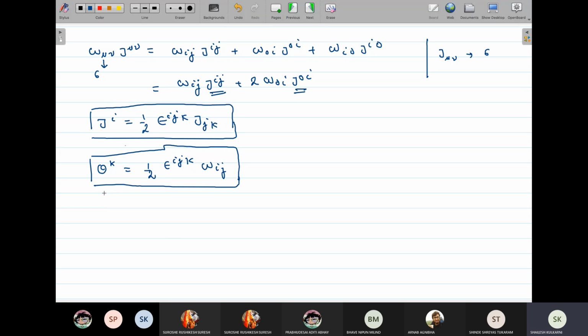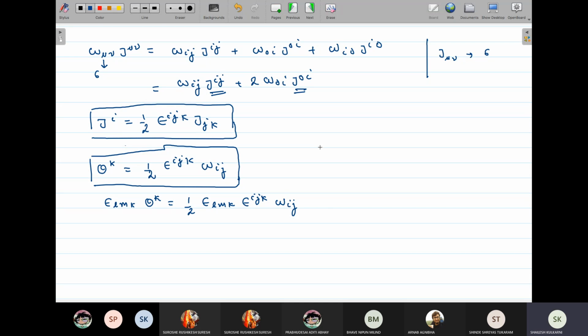So theta_k is half epsilon_ijk omega_ij. If I multiply from the left by epsilon_lmk theta_k, this would give me half epsilon_lmk epsilon_ijk omega_ij, with a summation over ij and also over k.